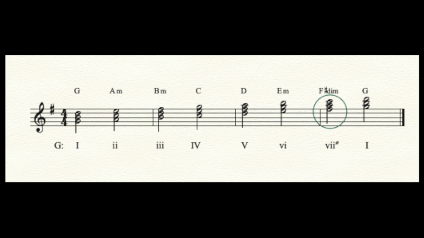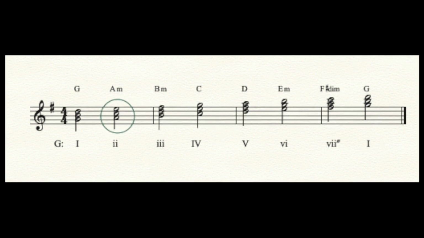So the next and only other chord that has the A in it in the key of G is the A minor chord, or what we call the 2 chord. Well, that makes a lot of sense, because if I was thinking about what chord leads to 5 other than 1, one of the best chords that leads to 5 is the 2 chord, or the A minor chord in this key.